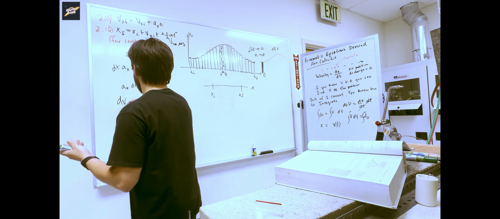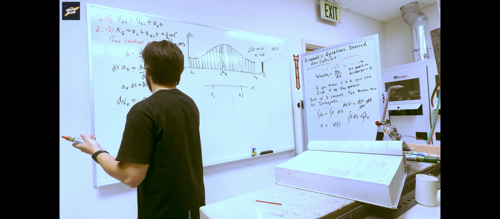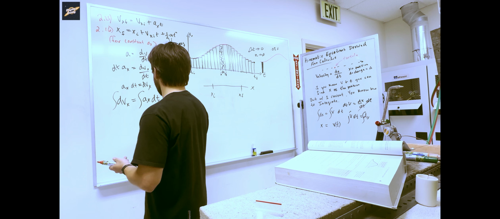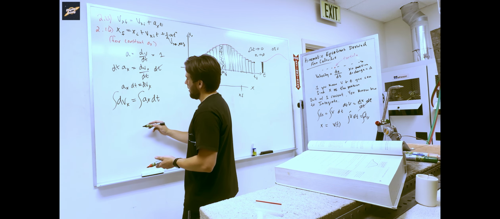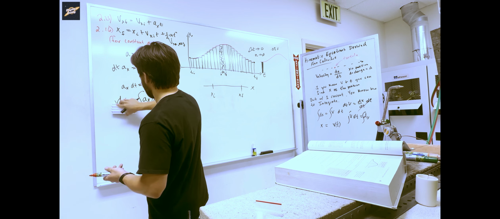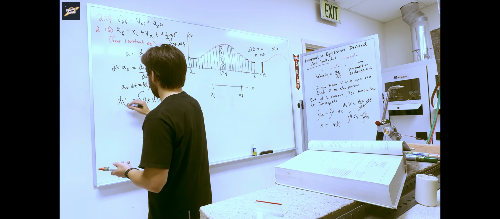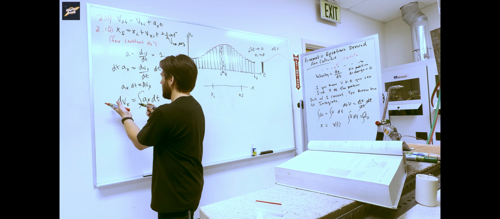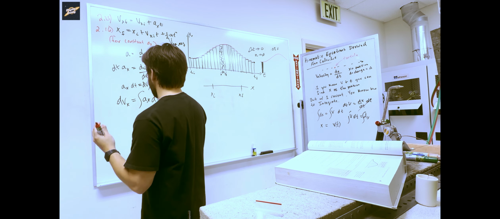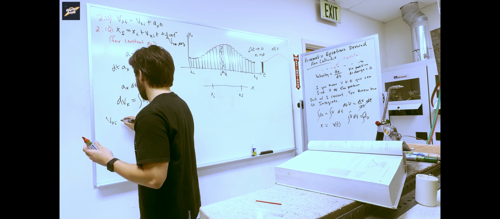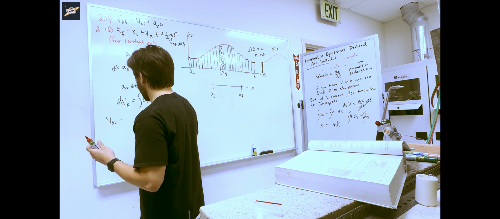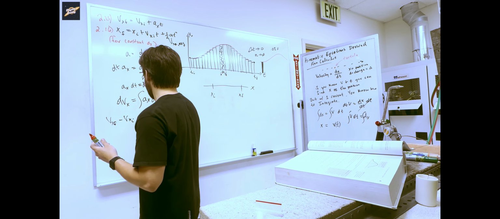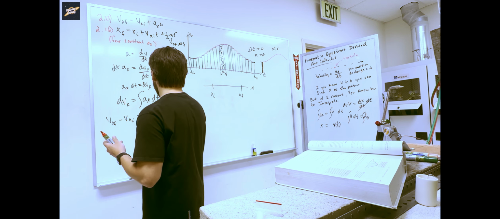So they put dv_x equals a_x dt over here, and then basically take the integral of both sides. To denote the change in velocity, we write v_x final minus v_xi equals this right here.